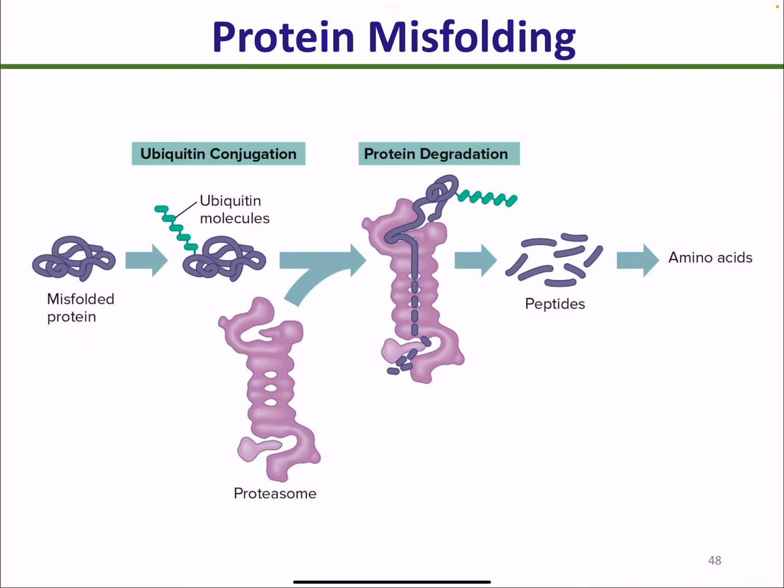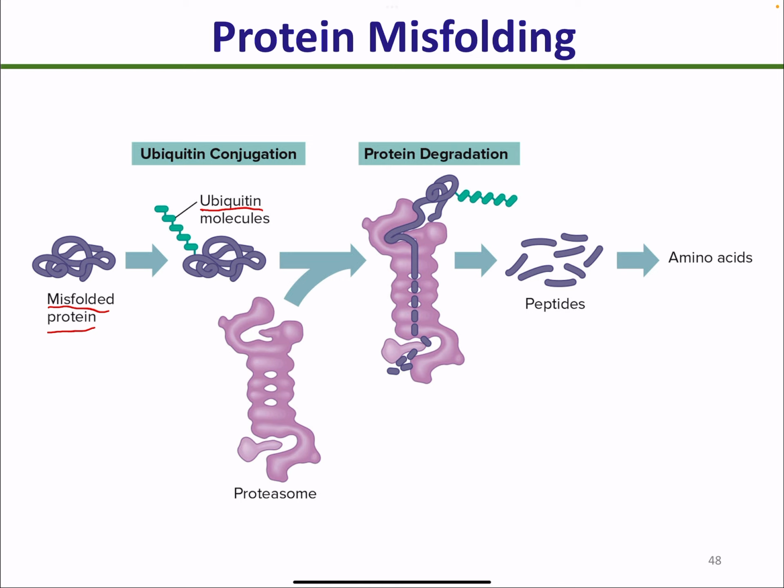Okay? Now, proteins that are misfolded will have to be labeled, because proteins that are misfolded can cause issues in the cell. So rather than letting them be, they are labeled. They are going to be labeled by a protein called ubiquitin.